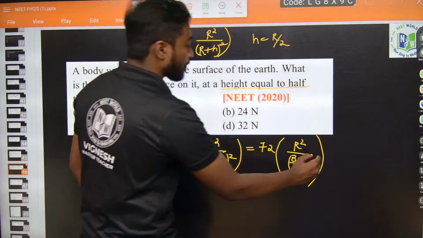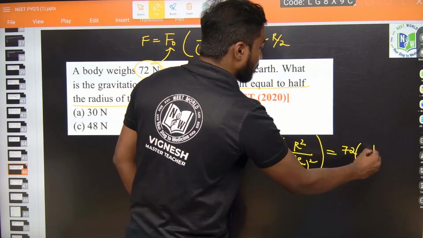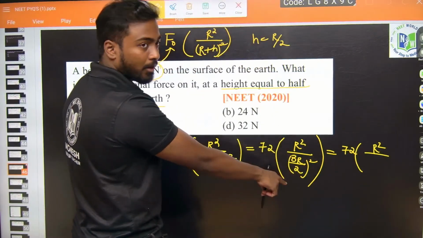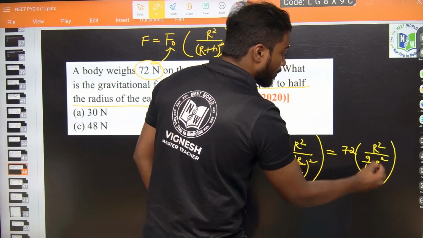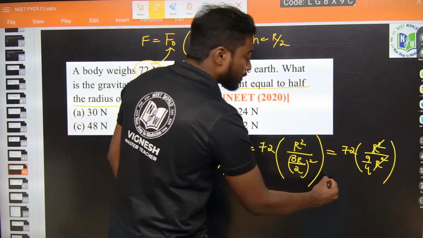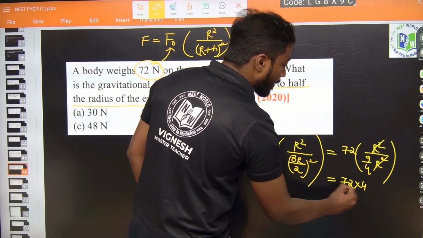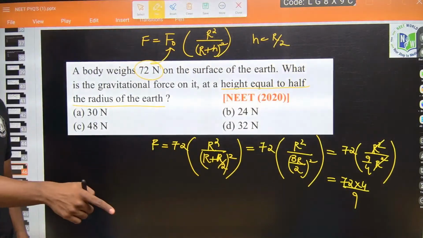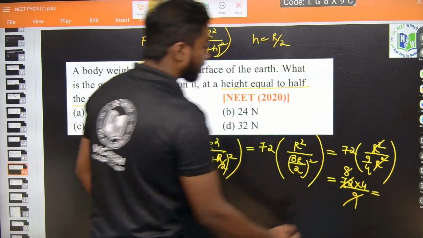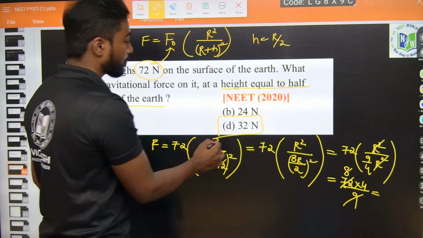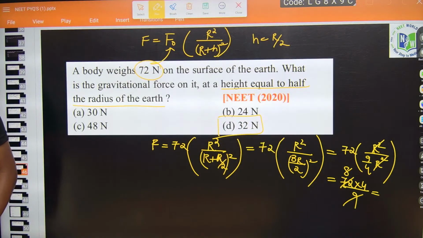So 72 into R square by 3 square and 2 square, which is nothing but 9 by 4 into R square. R will get cancelled out, so it is equals to 72 into 4 by 9. 9 eights are 72, so it is 8, and 8 fours are 32. So 32 is the answer, option D. Option D is the answer, guys.